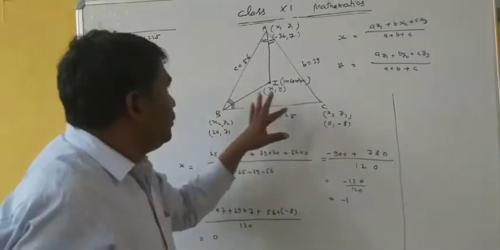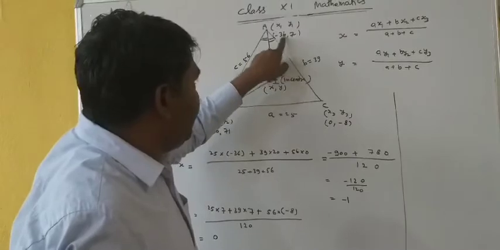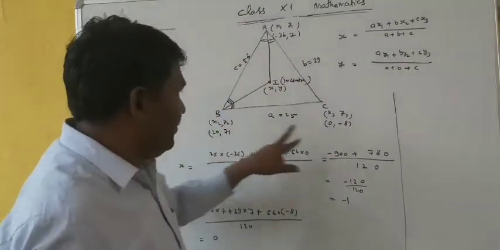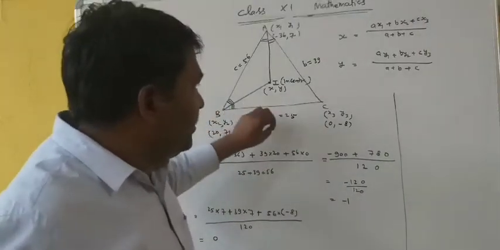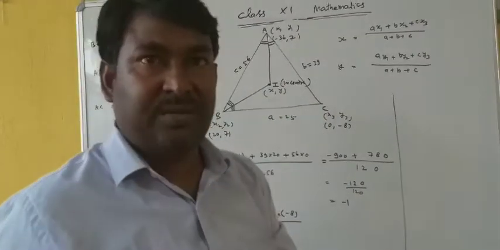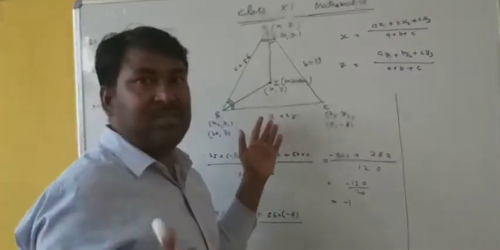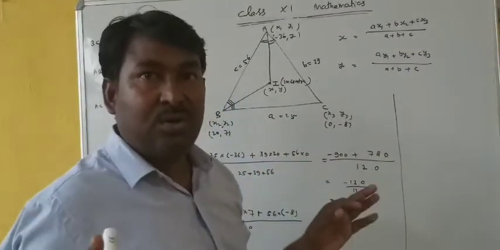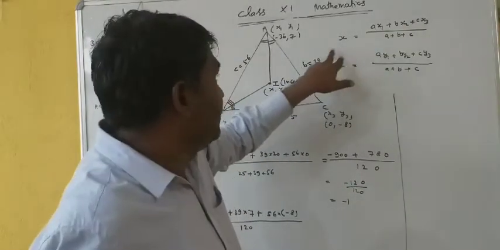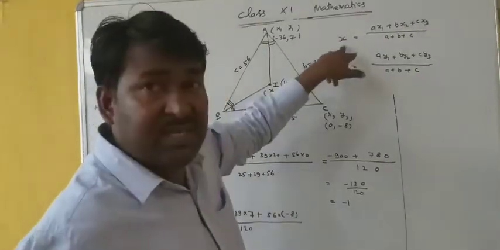One example. Students, in this way, if the coordinates of the vertices of a triangle are given, minus 36, 7; 20, 7; 0, minus 8. Sometimes sides are given, sometimes sides are not given. As in this question, sides are not given. So how will you find the sides, since we require the sides to calculate the coordinates of the incenter?